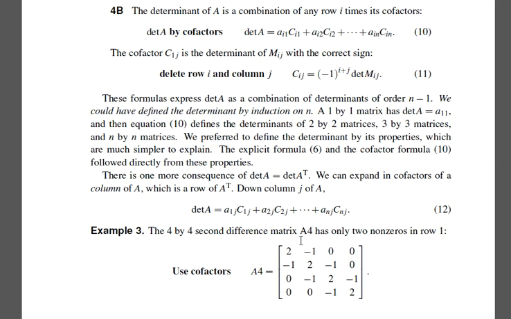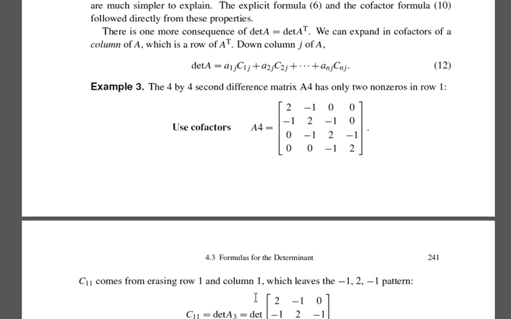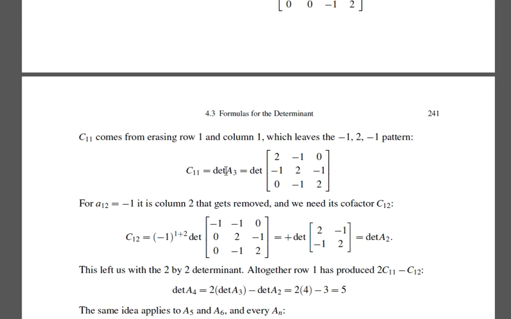So how to find it? Suppose we are finding it for the first element, it would be C11. For this, minus 1 raised to 1 plus 1 is minus 1 raised to 2, which will be 1. And the determinant of Mij is nothing but, except this column and this row, the rest of the elements are considered, as we can write here. C11 is determinant A3, so it is of order 3.